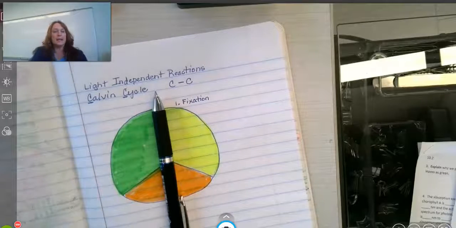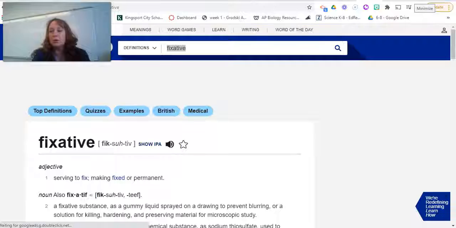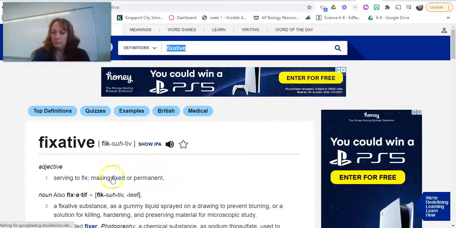It's the same thing as a fixative. So I looked it up so that you could see it's the process of making something fixed. Well, that didn't help. Fixative, fixed. You can't use the word in the definition. Or permanent. So a fixative is like glue.